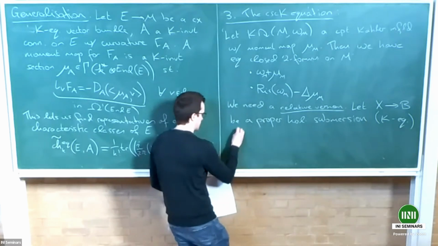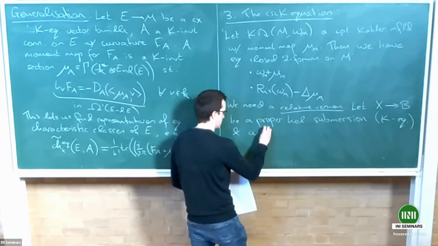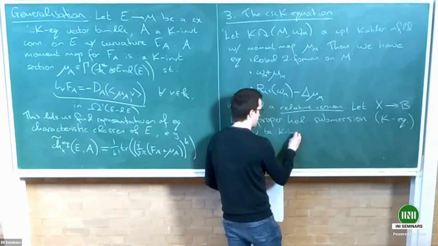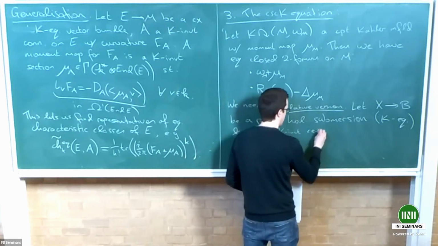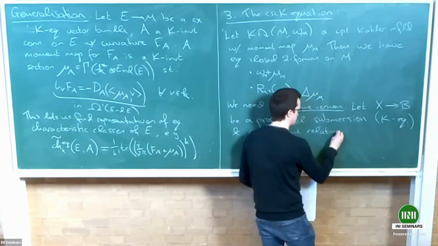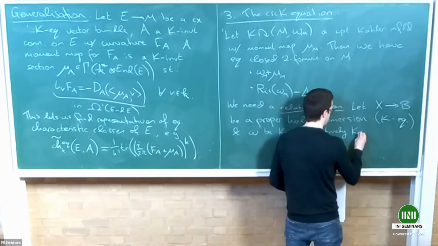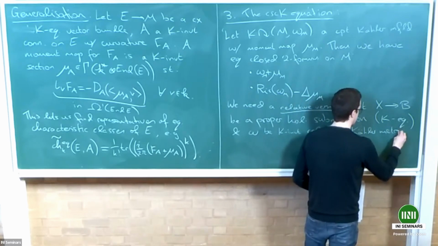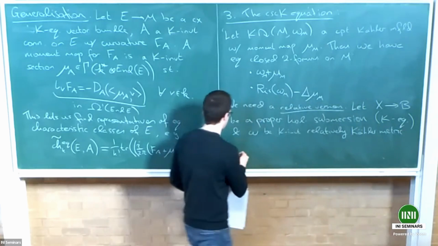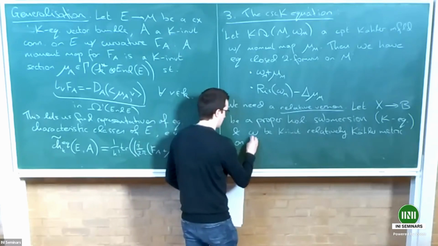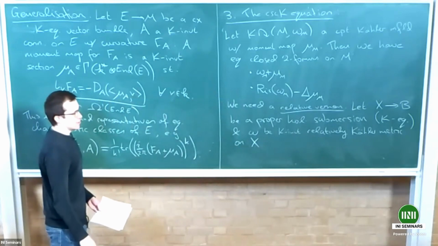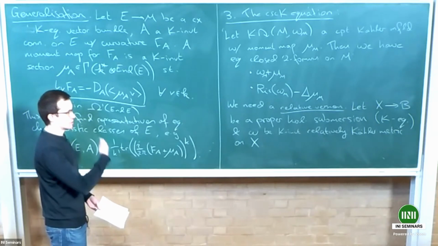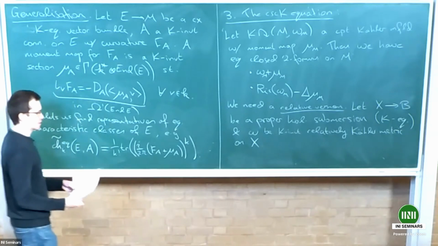And I'll let omega be a K invariant, relatively Kähler metric on X. So omega is a real closed (1,1) form on the total space X, and its restriction to any fiber is a Kähler metric.